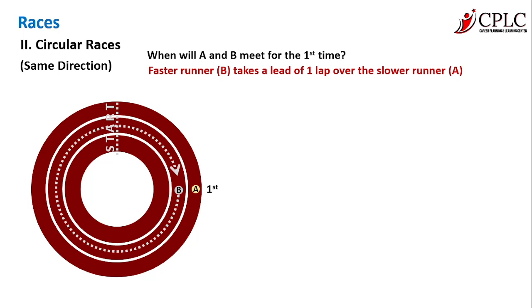So, for example, if you analyze B's distance, B has covered one entire lap and also another quarter of a lap. So B has done overall one full lap plus a quarter of a lap, whereas A has done only a quarter of a lap. So clearly B has the lead of one lap over the slower runner.